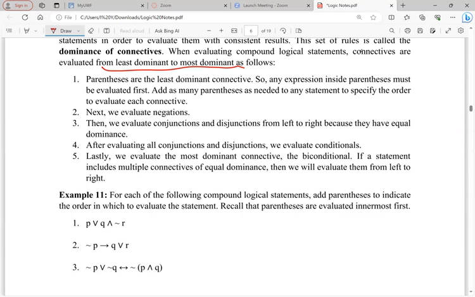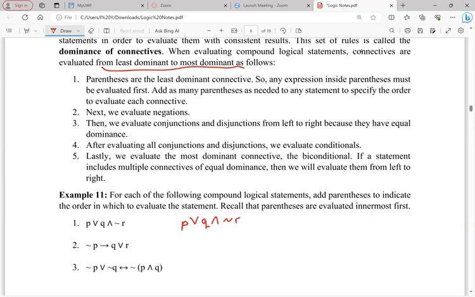So for each of the following compound logical statements, add parentheses to indicate the order in which to evaluate the statement. Recall that parentheses are evaluated innermost first. So let's just rewrite this for now. P or Q and not R. So what are we looking at?